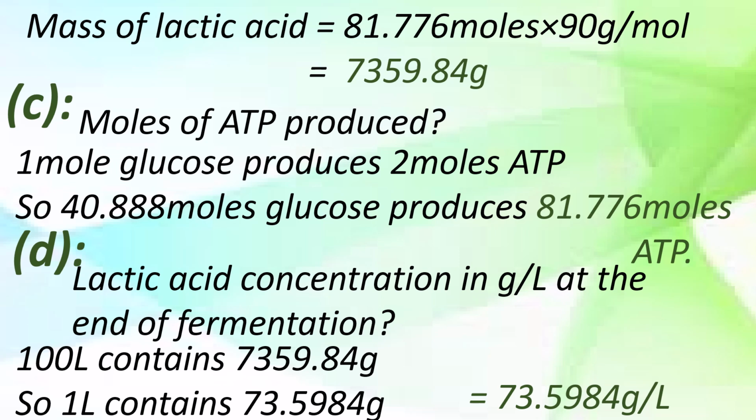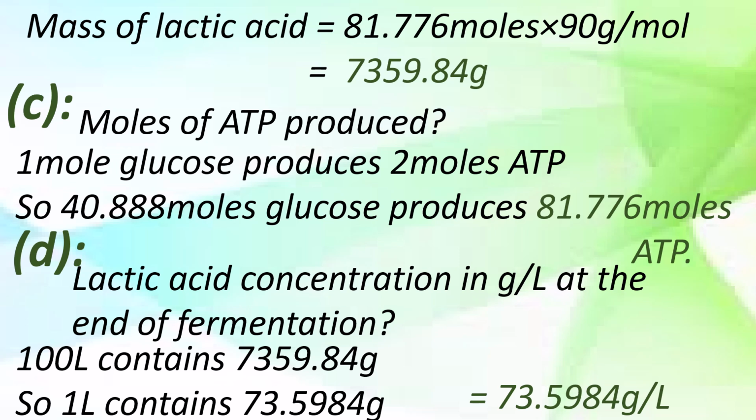Part C. We have to calculate moles of ATP produced. Since 1 mole glucose produces 2 moles ATP, 40.888 moles glucose produces, multiplying by 2 and dividing by 1, 81.776 moles ATP. Now moles of ATP are calculated.